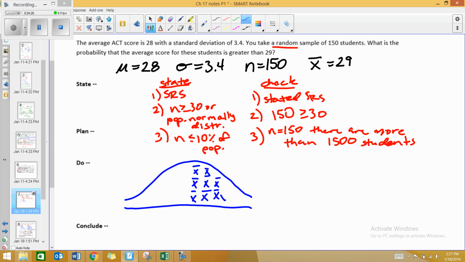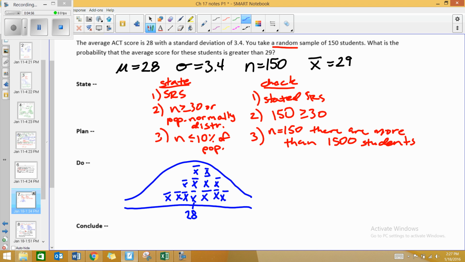So each of these little x bars that I'm drawing is representing me going out and asking 150 students, what was your average ACT score? Another 150 students, what was your average ACT score? Another 150 students, what was your average? And I'm recording all of these. And the central limit theorem says that all of these sample averages will hover around the true average, which is 28.